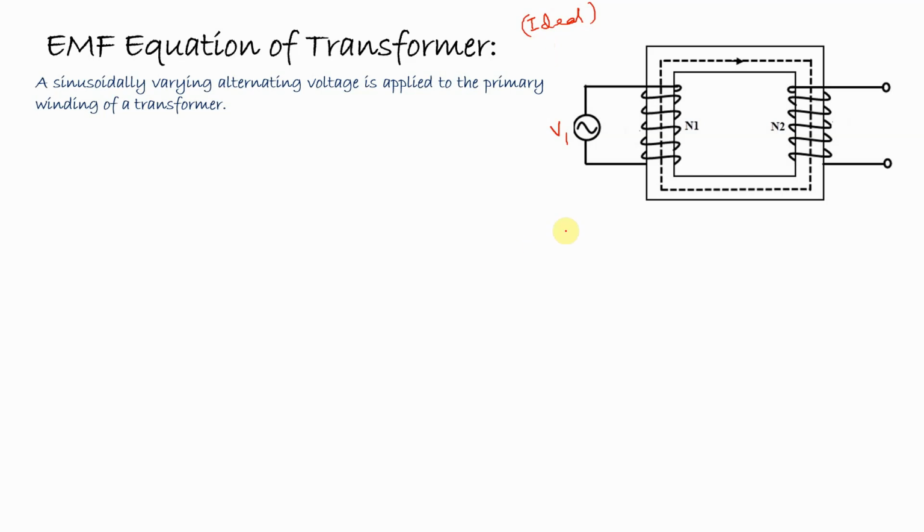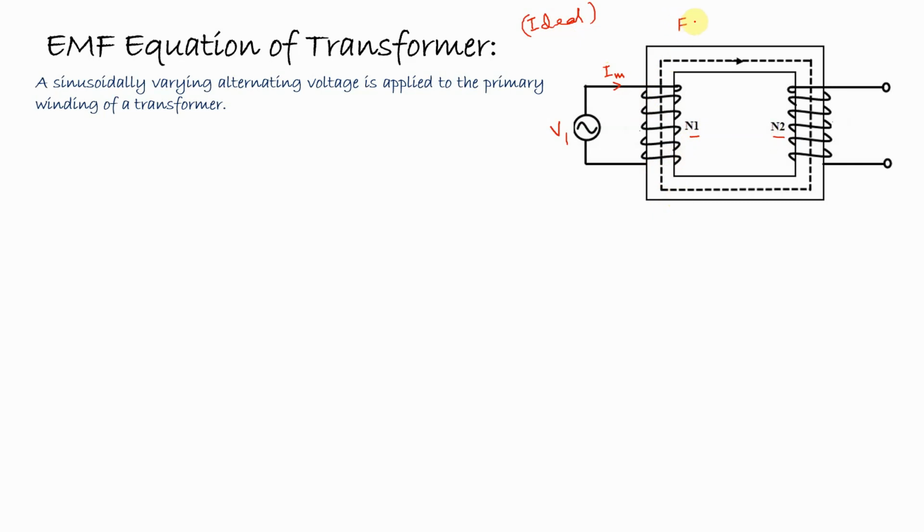So initially an alternating voltage is applied on the primary side. So an alternating current will flow in the primary winding and this is considered as the magnetizing current. Remember this is for the ideal transformer, where N1 and N2 are the number of turns in primary as well as in the secondary side. So the corresponding magnetomotive force will be developed, that we have already discussed.